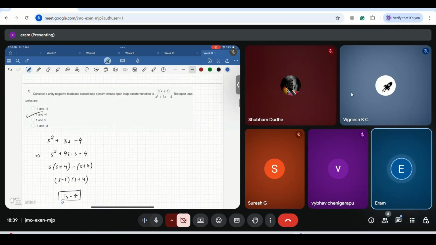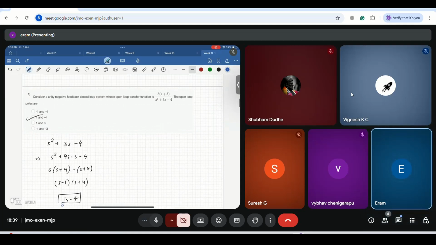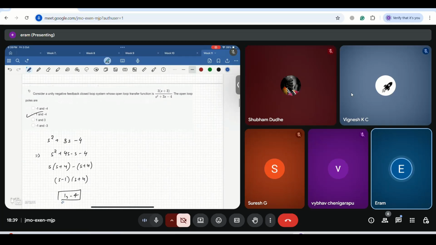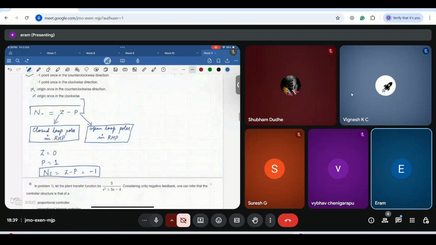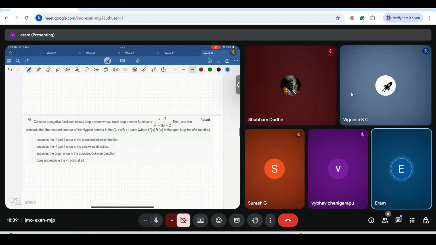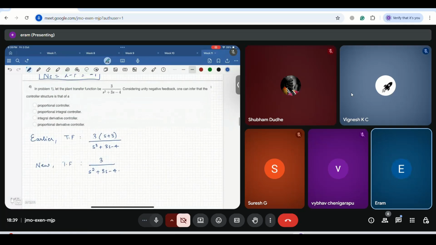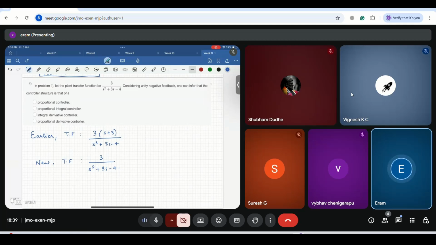So your GSHS was this, and your plant transfer function is this. So this is not new, this is your plant transfer function, right? And then your transfer function was this.